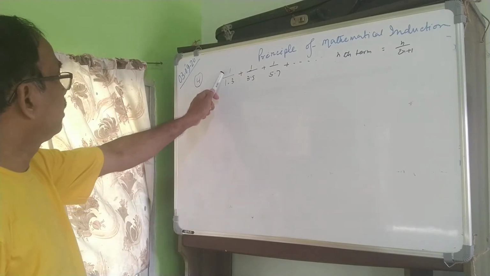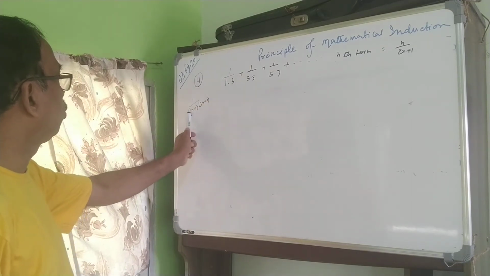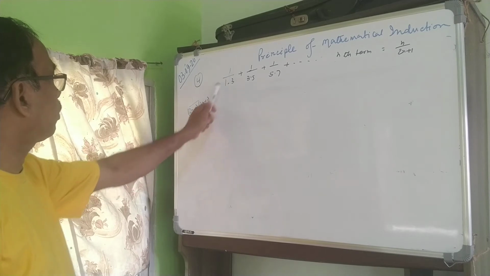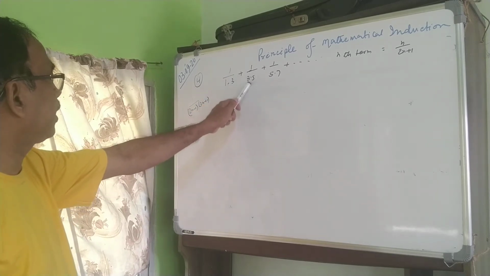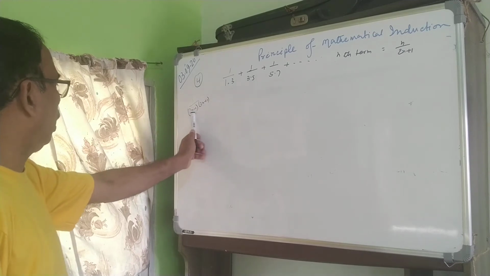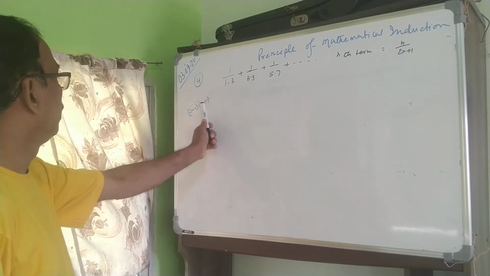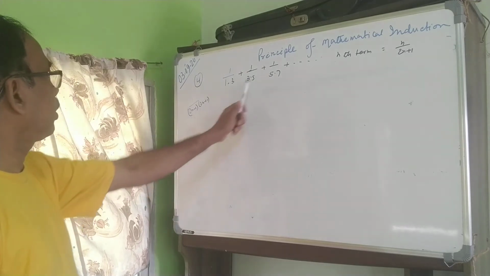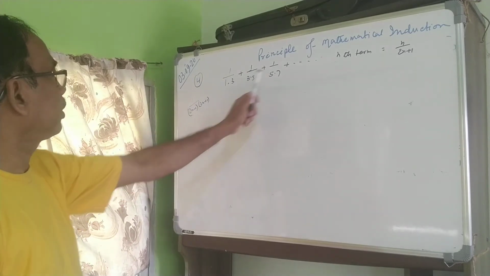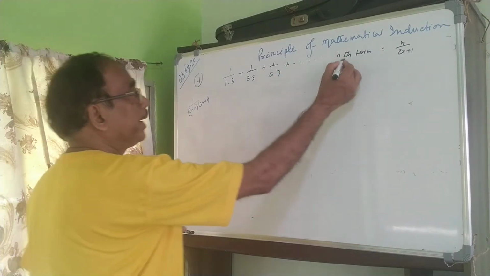Look here, first term, when n is 1, 2 minus 1 is 1, 2 plus 1 is 3. Whenever n is 2, second term, 4 minus 1 is 3, 4 plus 1 is 5. When n is 3, 6 minus 1 is 5, 6 plus 1 is 7. So this will be your nth term.